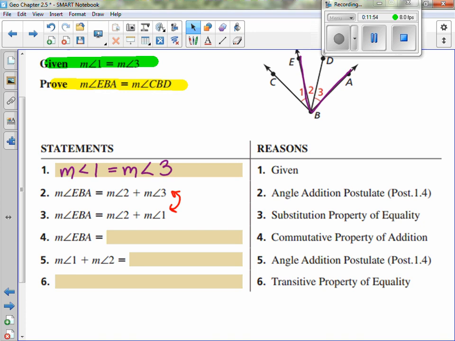Now it says our reason for this step 4, whatever we're going to write here, is the commutative property of addition. And I believe commutative property of addition is on there. Yes? It's not on one side, it might be on the other.